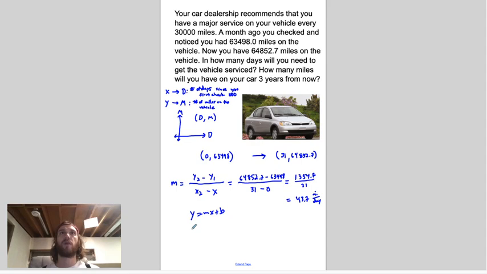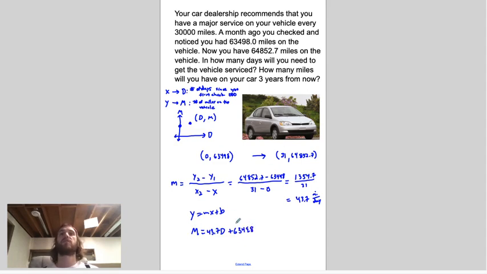So our model is capital M equals 43.7 times d, the number of days that have passed, plus our y-intercept. Well, our first point is at d equals 0, so we know our y-intercept is plus 63,498. So we have our model.